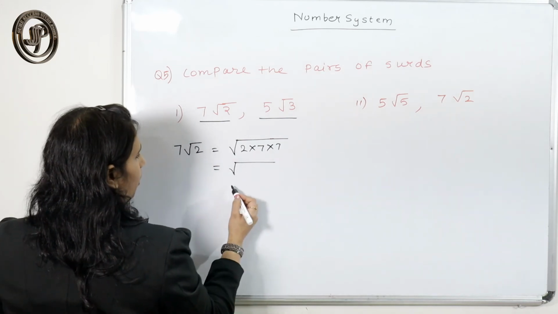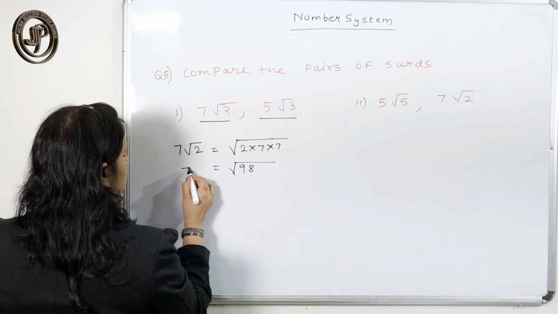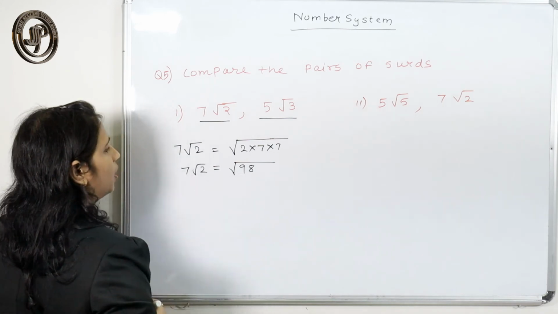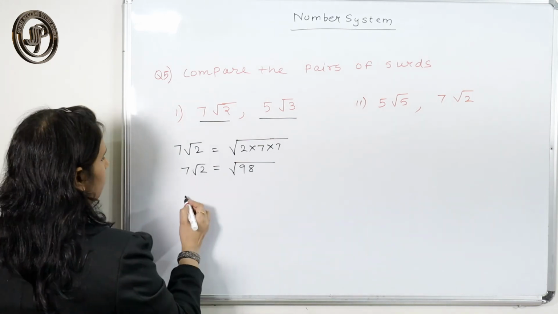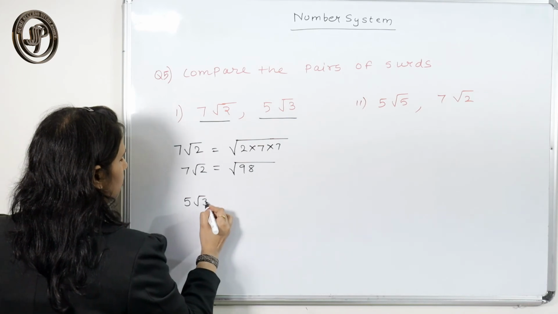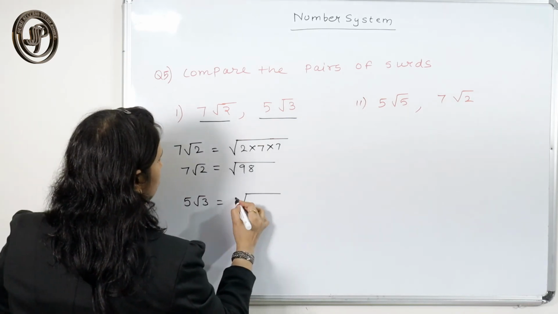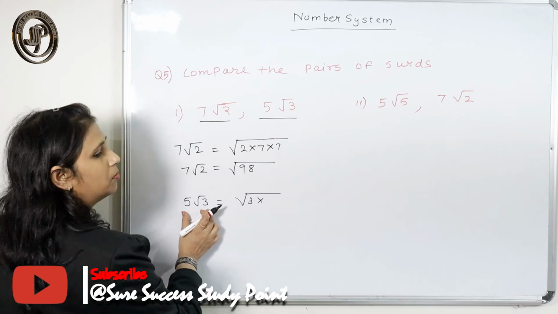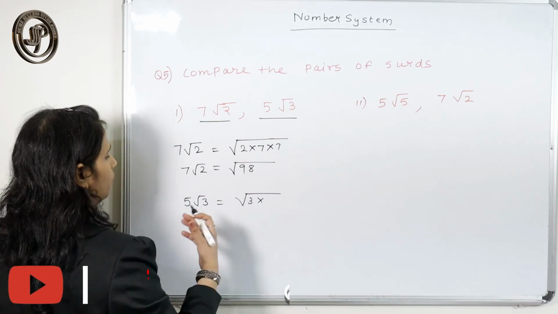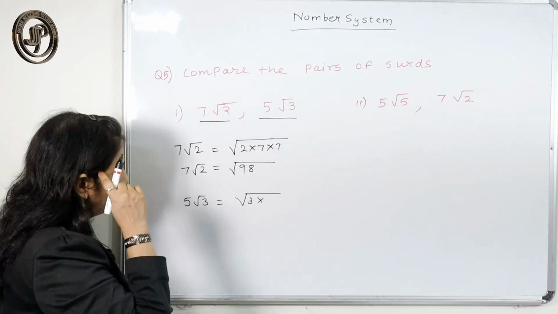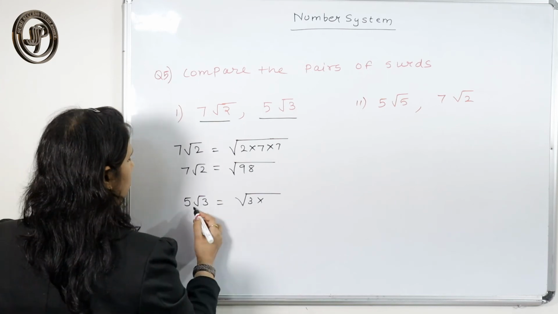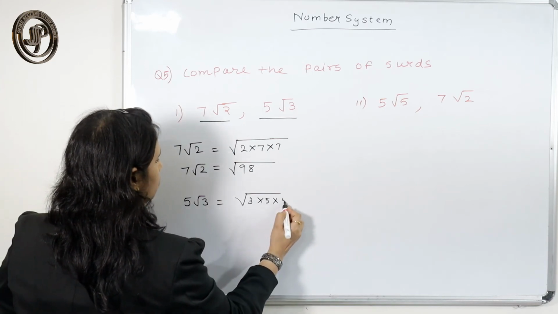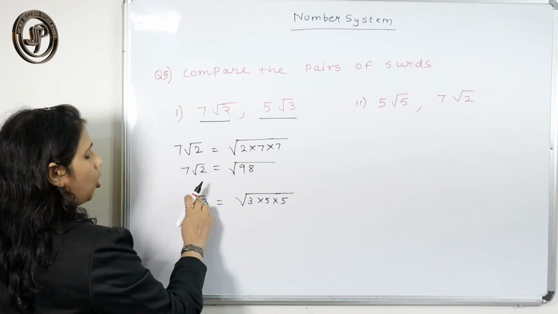So if you multiply, 7 root 2 you can write as root 98. Same way 5 root 3. What can you write? 5 root 3 is a mixed surd, so you have to convert it first into a proper surd. That is 3 into 5 into 5, because the order is 2.